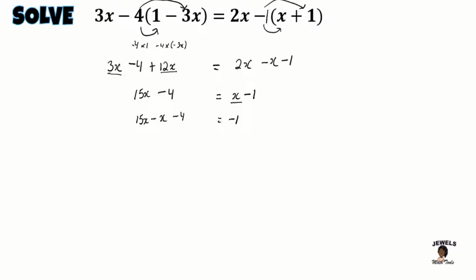So I'll have 15x minus x, which is going to give me 14x. And I still have my minus 4, and this is equal to my negative 1. Now I'm going to collect my like terms, and since my negative 4 is being subtracted here, I'm going to be adding 4 to both sides of my equation.